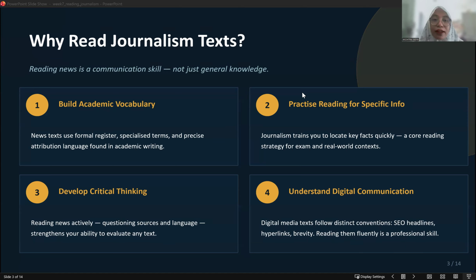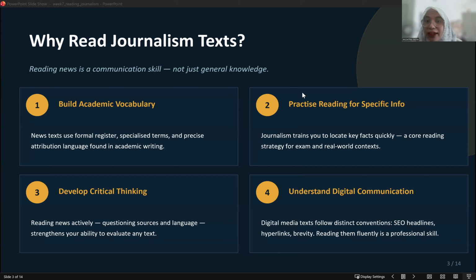And it also develops critical thinking. Reading news actively, questioning sources and language, strengthens your ability to evaluate any text. And it helps you to understand digital communication. Digital media texts follow distinct conventions: SEO headlines, hyperlinks, brevity.